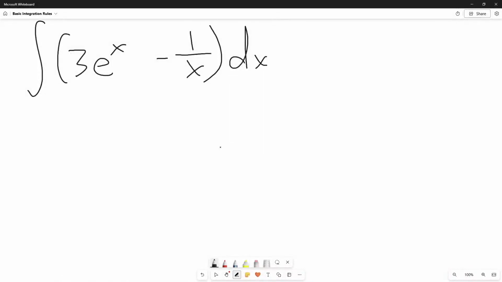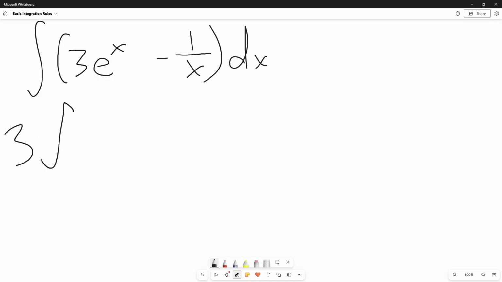So here's an example problem that involves some of these rules. Let's say we want to find the integral of 3 times e to the x minus 1 over x with respect to x. And what we can do is split this into 2. First focus on the 3 times e to the x and 1 over x. So 3 times e to the x, as we learned, we can take the 3 out.